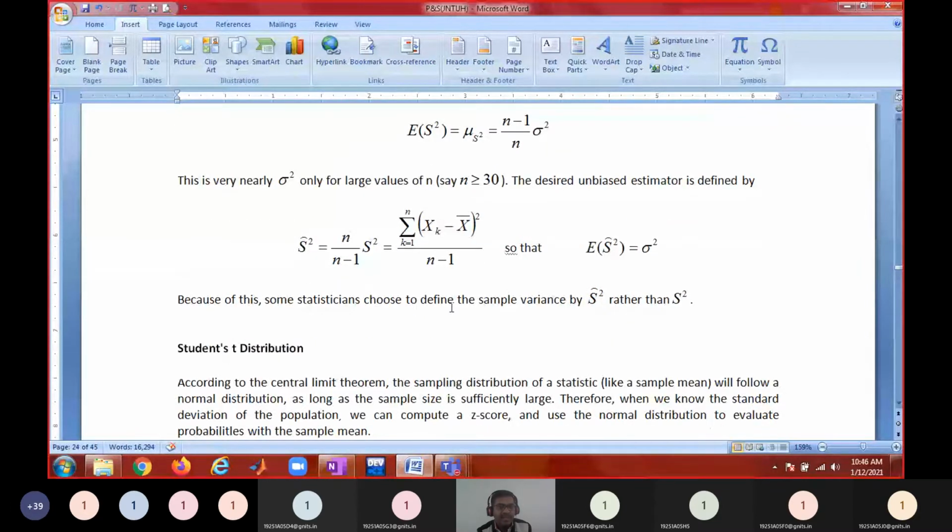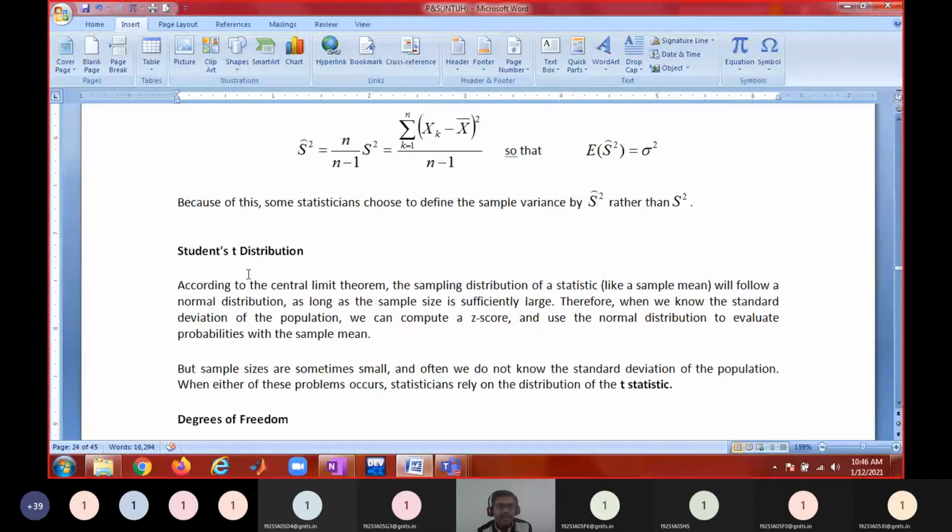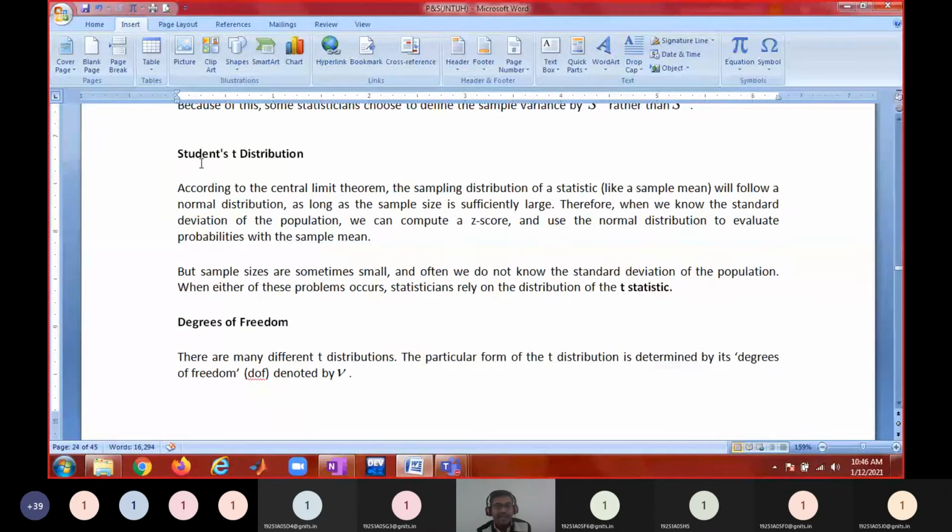Because of this, some statisticians choose to define sample variance as S cap square rather than S square, whose definition divides by n minus 1. Okay, and the student t distribution looks almost like the Z distribution, the normal distribution, for large samples. As you increase the degrees of freedom, the graph of the t distribution tends to approach the normal distribution.